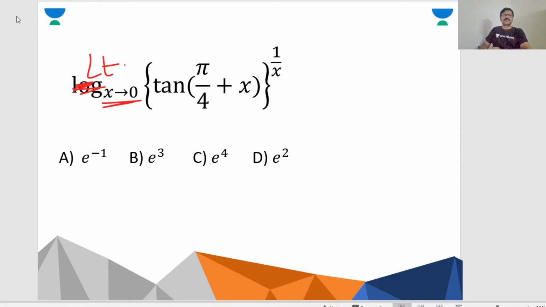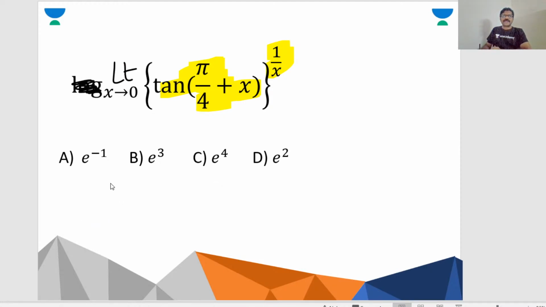Limit x tends to 0, tan of pi by 4 plus x, whole power 1 by x.